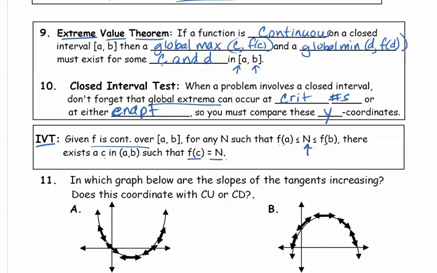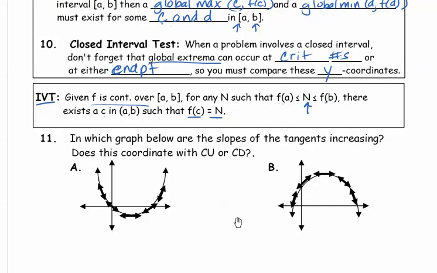So we said, how could you get from one y coordinate to another without passing every intermediate y coordinate in between? So you'll want to make sure you keep reviewing how to write an IVT argument.